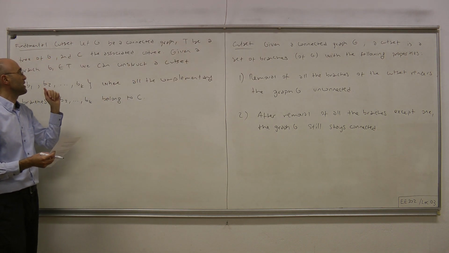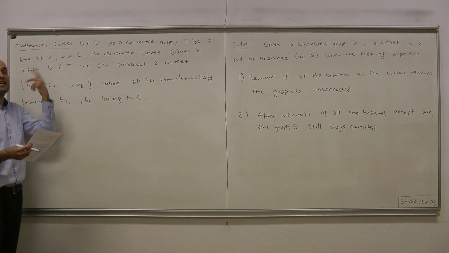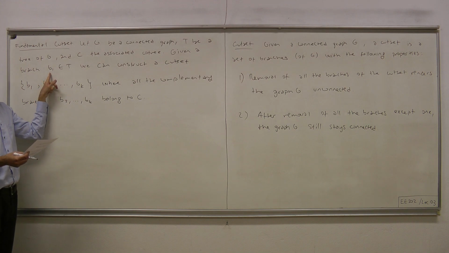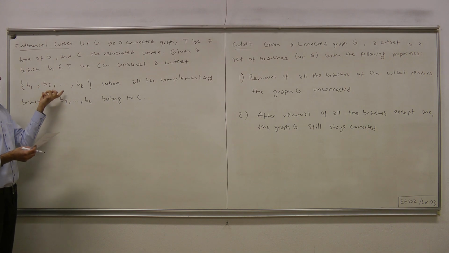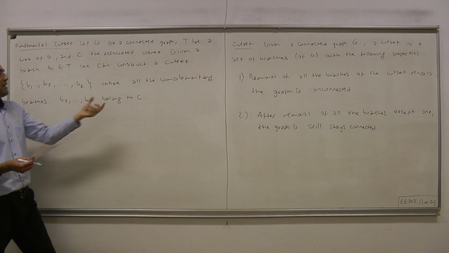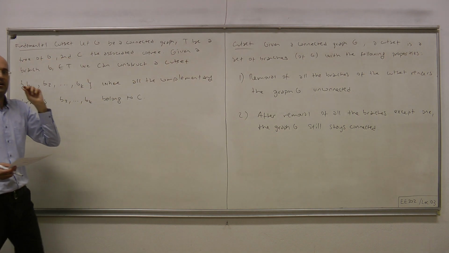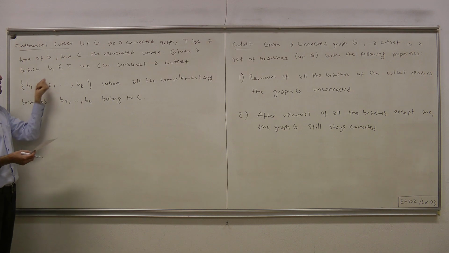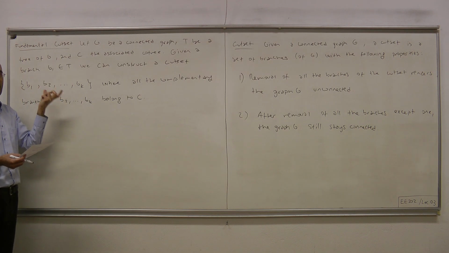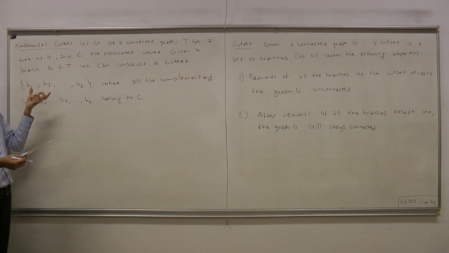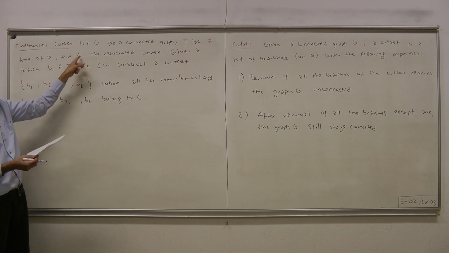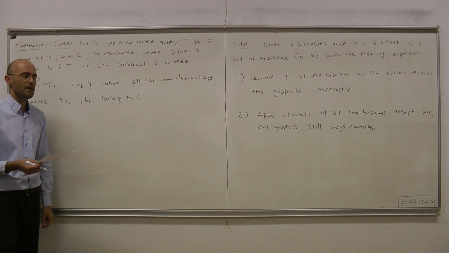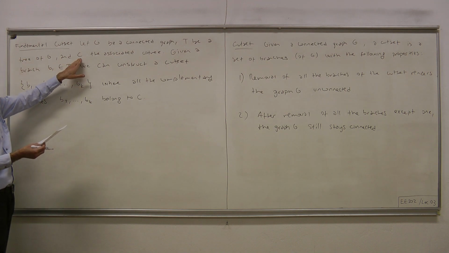From that tree, we choose, or we're given, a branch B1, and then using that branch we construct a cutset, respecting the following constraint: that cutset contains our branch B1 and also contains other branches, but those other branches must necessarily belong to the Cotree C.